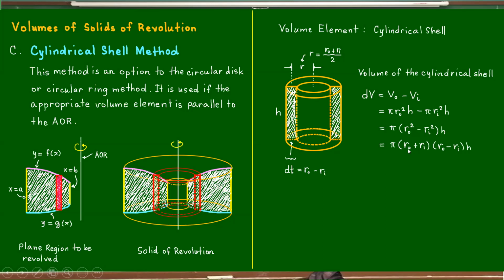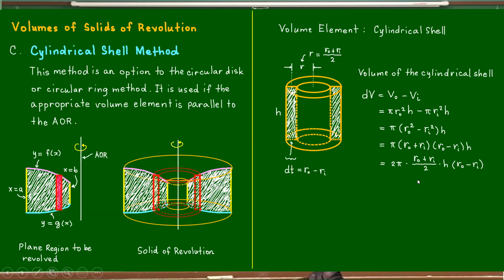Expressing this in factored form, we get r sub o plus r sub i multiplied by r sub o minus r sub i, then times pi, then times h. If I divide this by 2 and then multiply by 2, then rearrange, we get this: 2 times this is equal to r sub o plus r sub i, and then r sub o minus r sub i, which we put at the last part of this product.